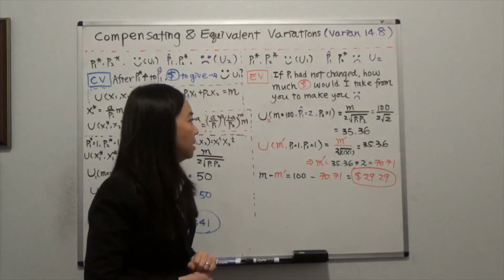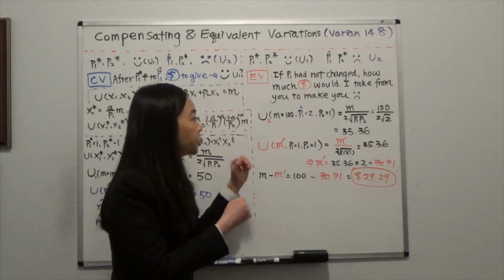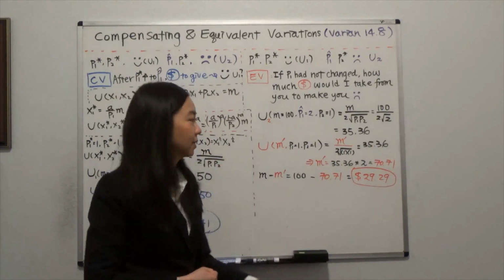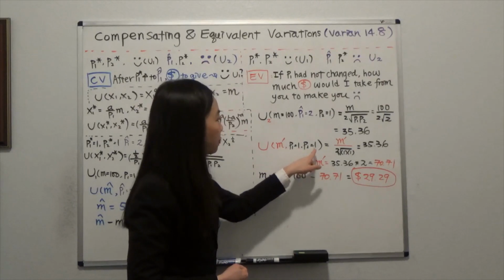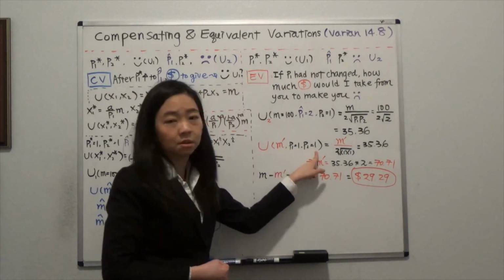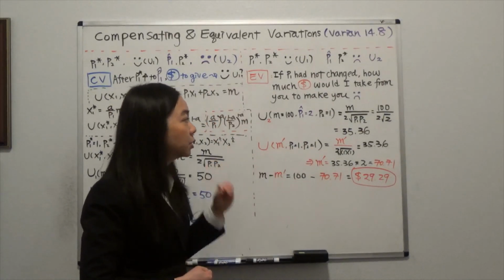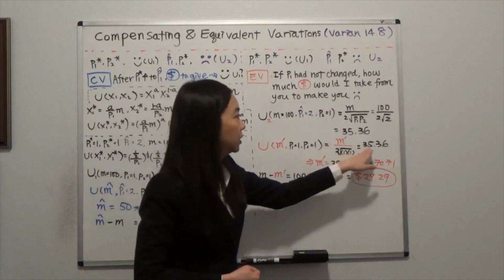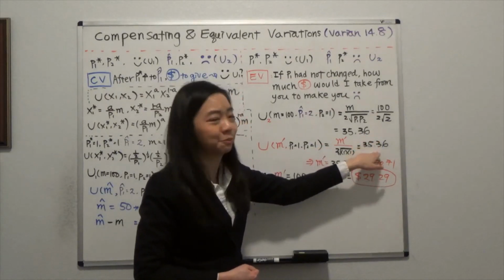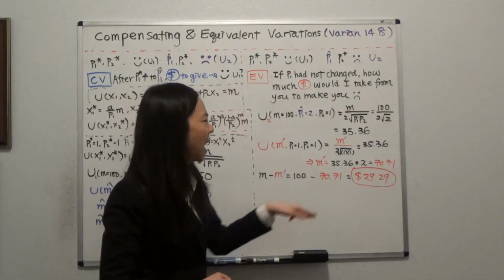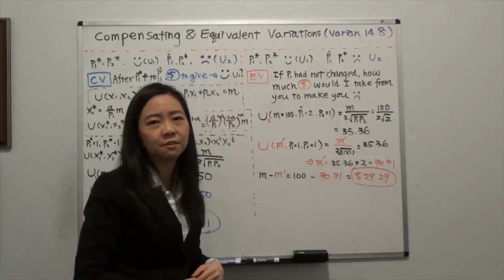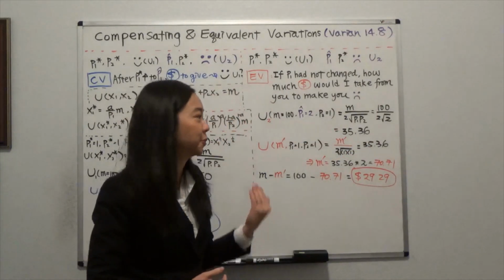35.36. So I'm going to go back to period 1, and in period 1 the price of good 1 and good 2 are both $1, and I want to make sure in period 1 my utility level is as low as in period 2. So how much money would that be for me to feel as miserable as in period 2?